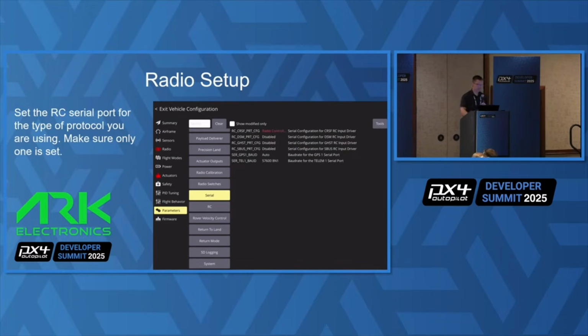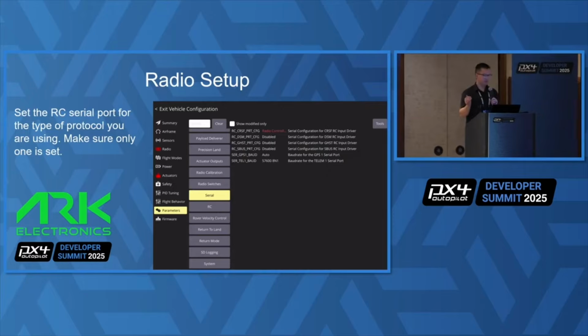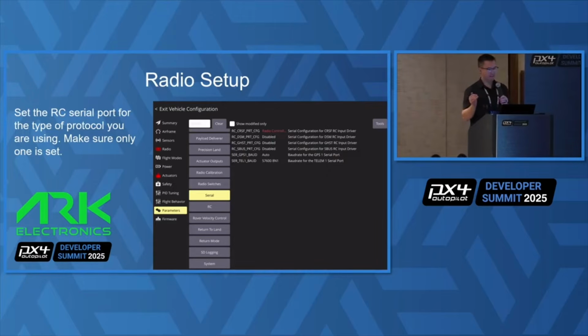In this case, this got changed recently from 1.15 to 1.16, and in main, there used to be one massive RC driver, and it would auto detect a bunch of different protocols, and it could misinterpret CRSF as Ghost, and it was kind of a mess.